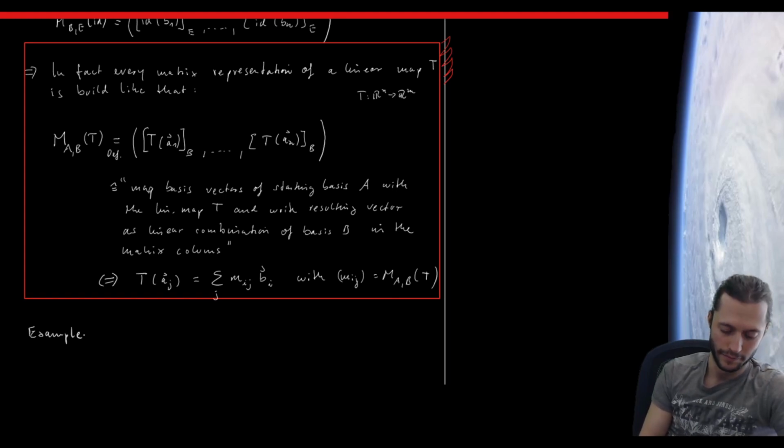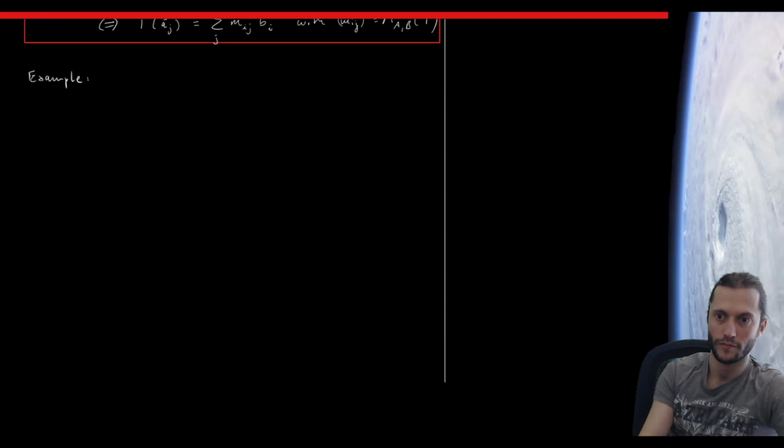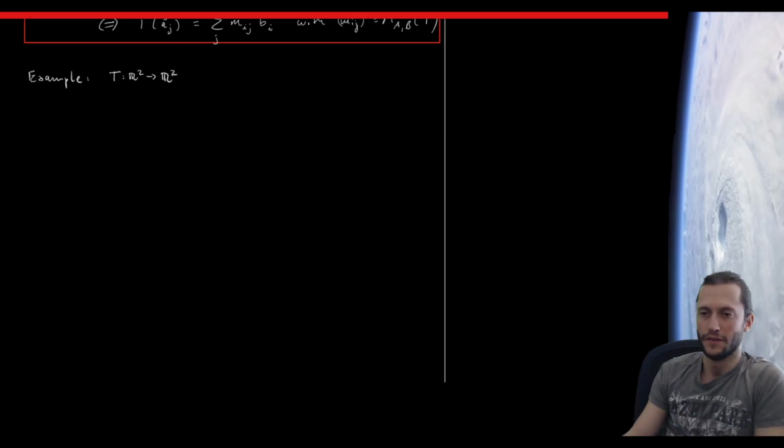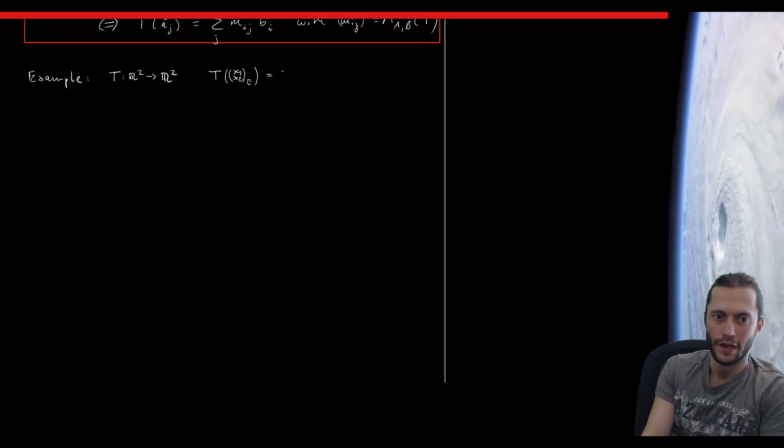Let's do an example here. We take a map T, which goes from R2 to R2 for simplicity reasons. As I said, it can be different. We also define how T is acting on a vector expressed in standard coordinates, because we have no choice.